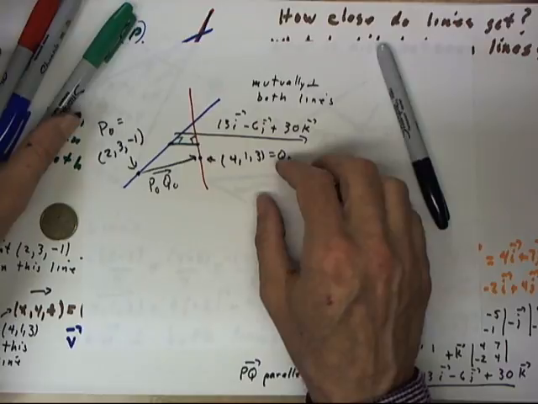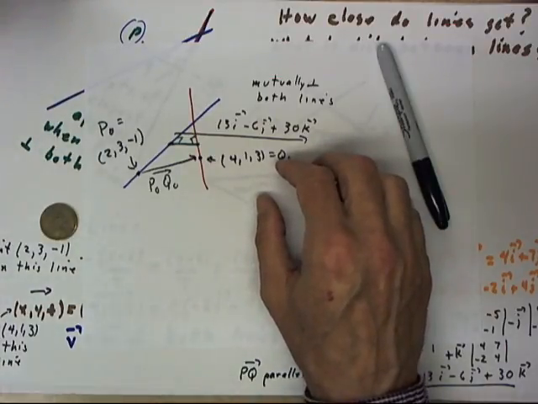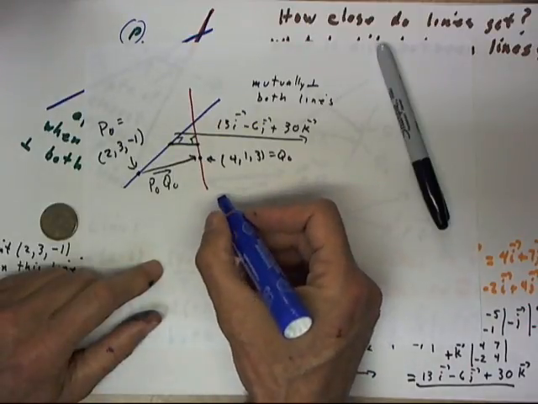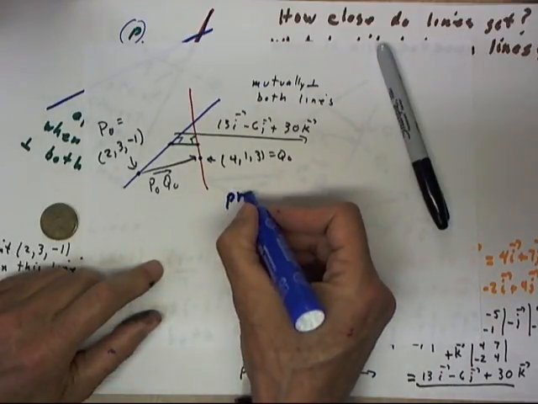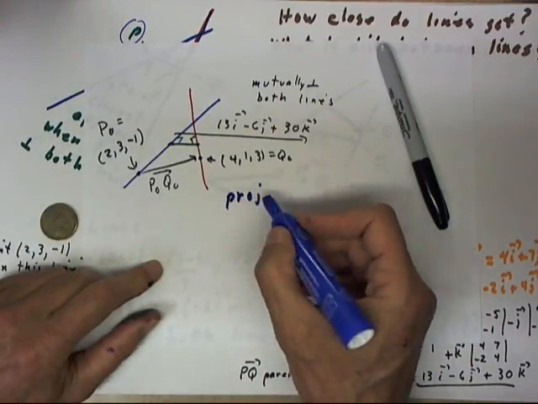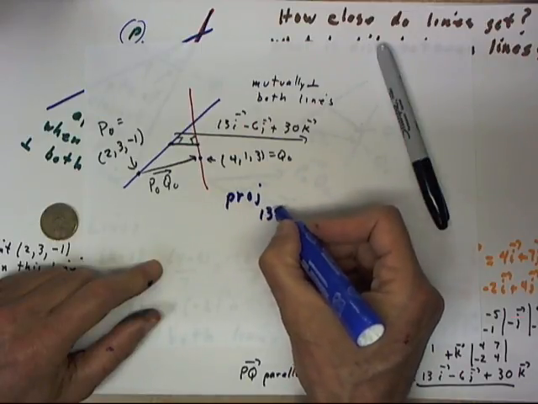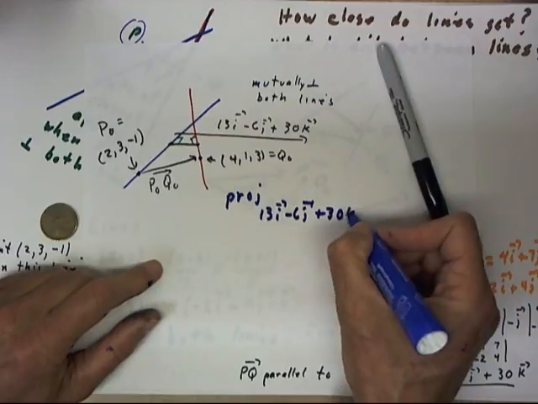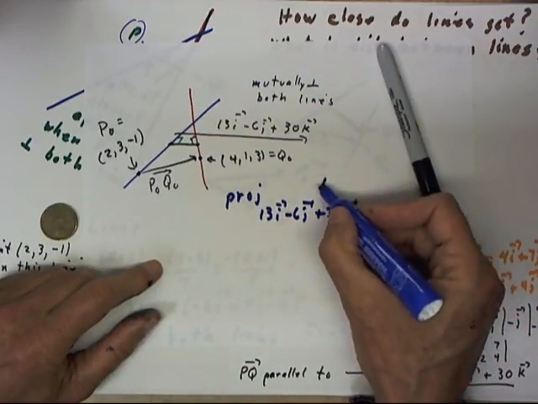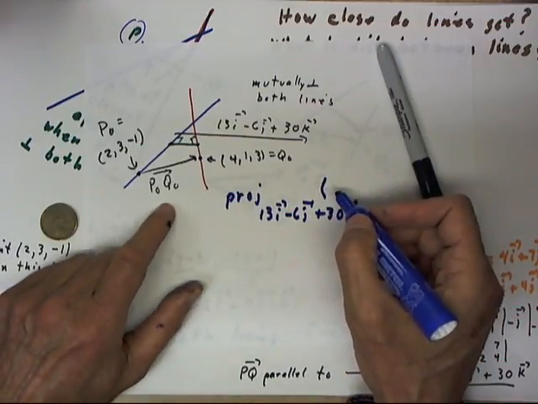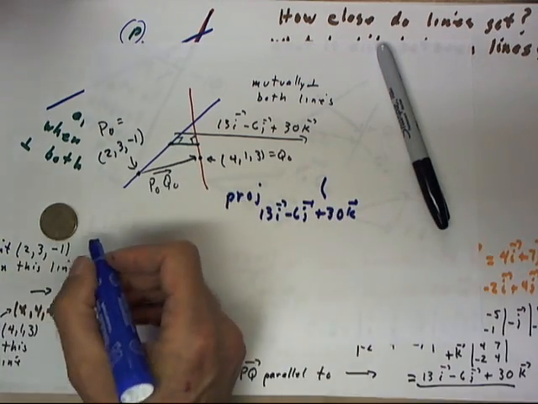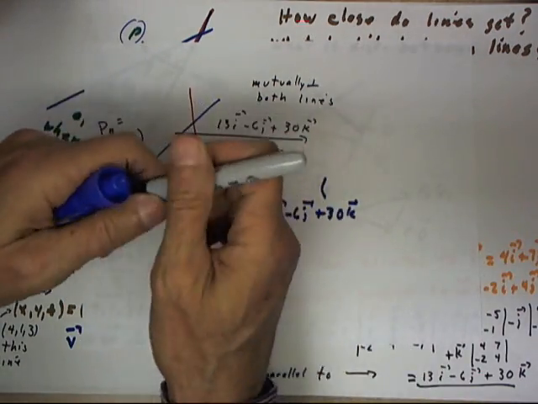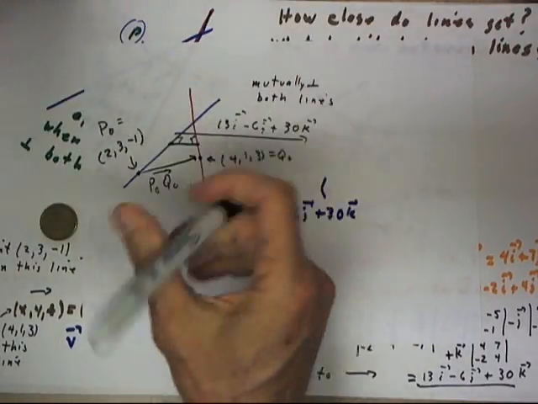So the projection onto 13i minus 6j plus 30k of the vector P0Q0, and let's see what P0Q0 is, so we can just write out the coordinates.